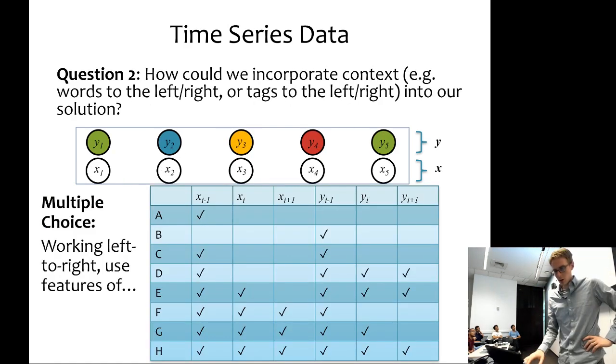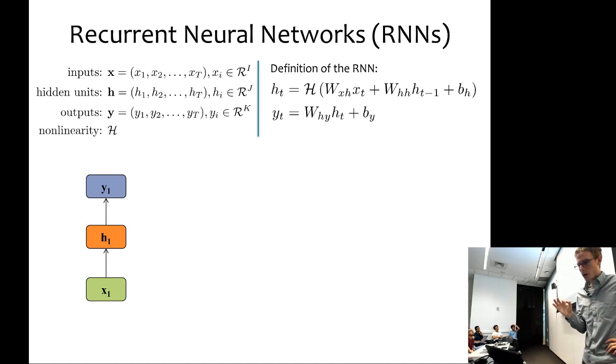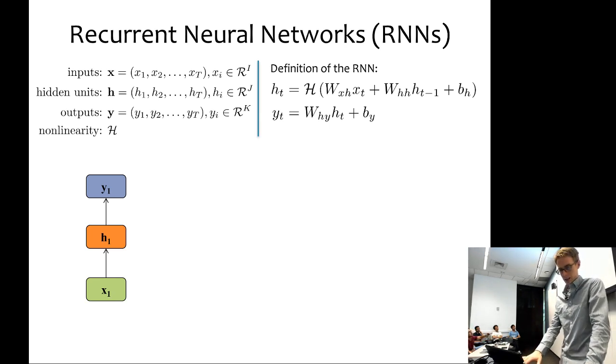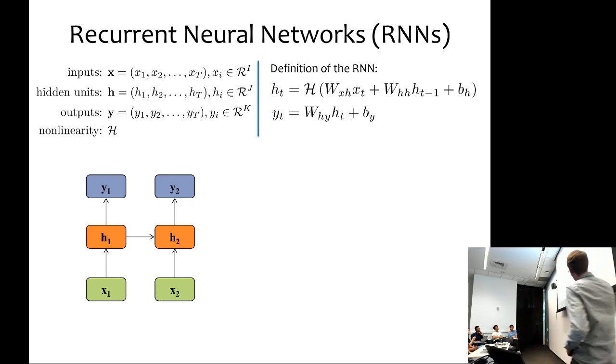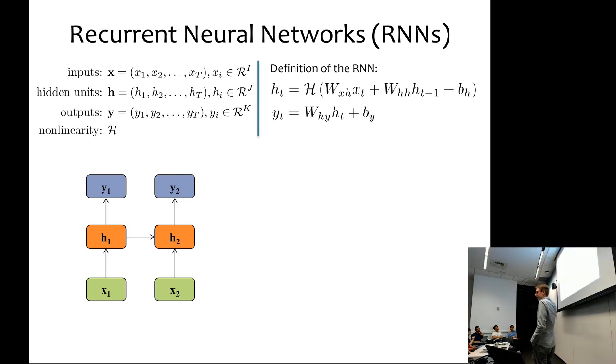So a recurrent neural network instead is going to try to give us some representation of the entire context. Okay? And so what we actually do here is we define a neural network that uses the hidden state that was computed in the previous time step.